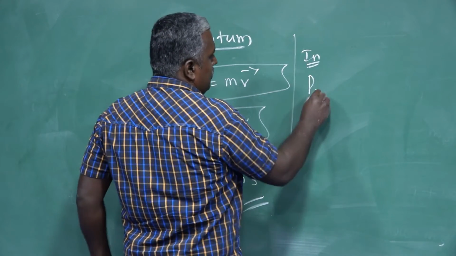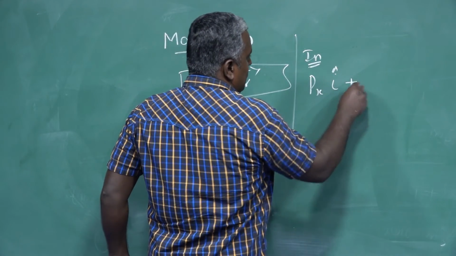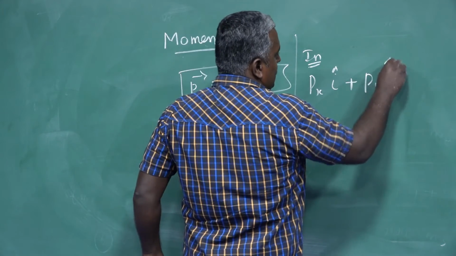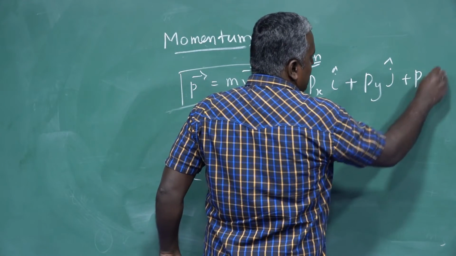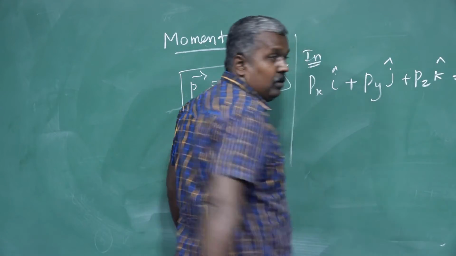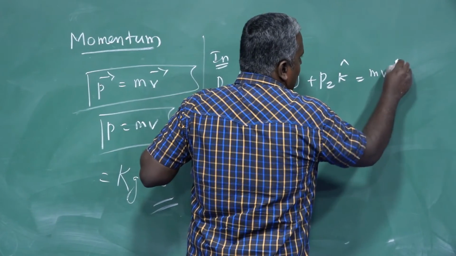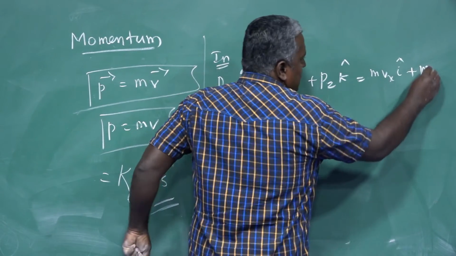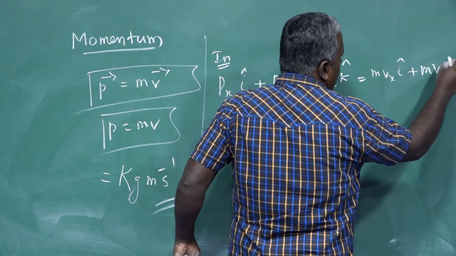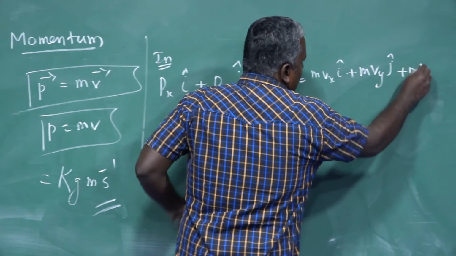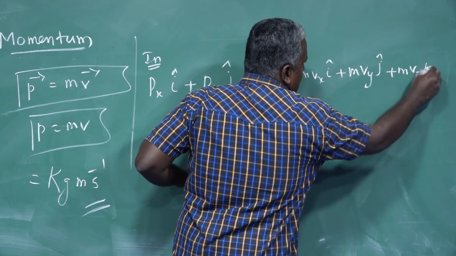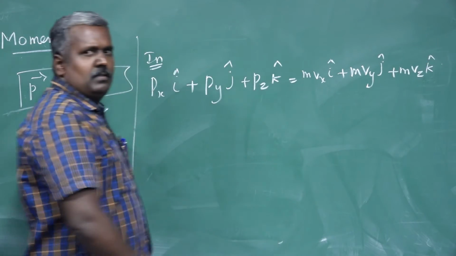Px i cap plus Py j cap plus Pz k cap is equal to m Vx i cap plus m Vy j cap plus m Vz k cap. That's all.